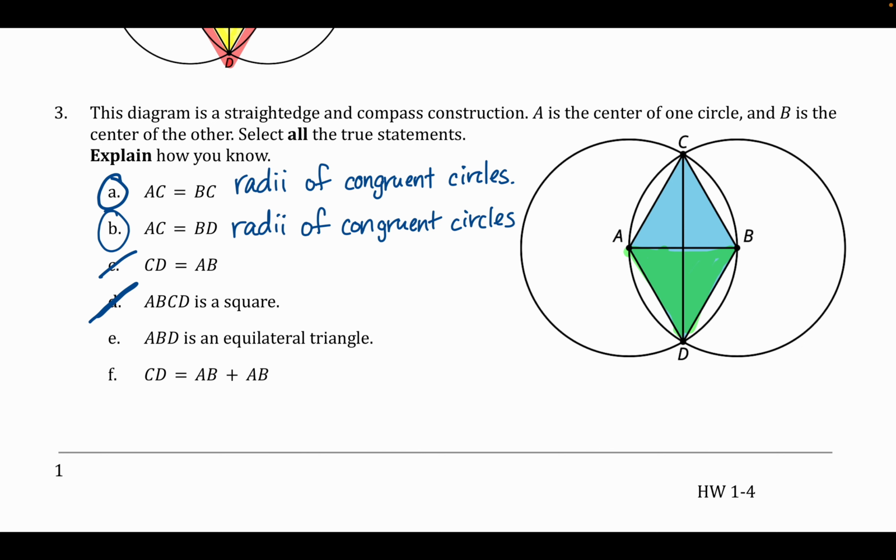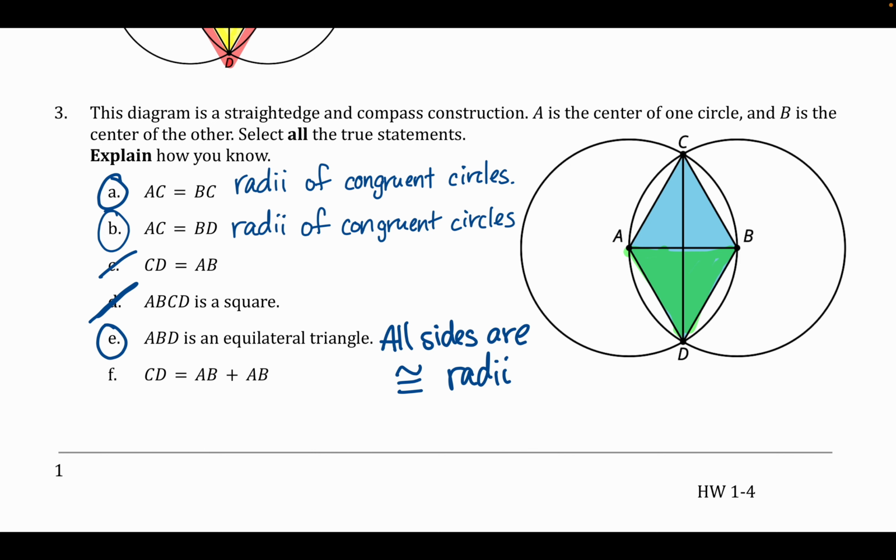So this one is true as well. We can say all sides are, I'm going to say congruent. I'm just going to use this symbol to mean congruent, radii. And if you haven't seen it before, the equal sign with the little tilde or the squiggly over top of it does mean congruent. So all sides are congruent radii.